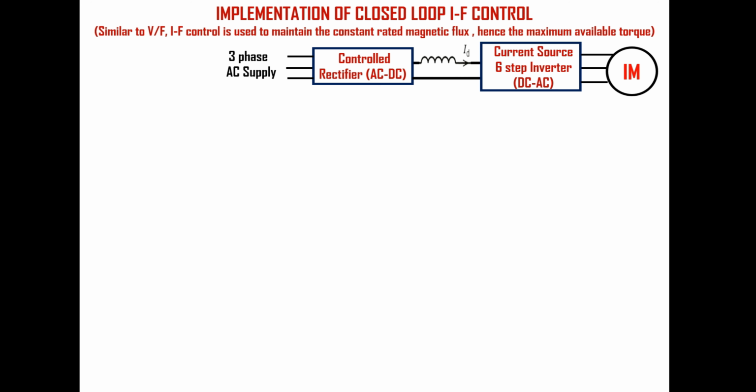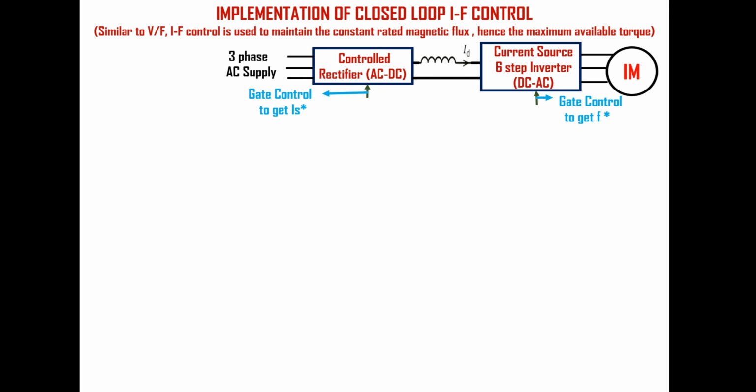It can be controlled by generating the desired gate control to get the desired magnitude of current from the rectifier and the desired gate control to get the desired frequency from the inverter. Let's see how to generate these gate controls in a step-by-step manner.